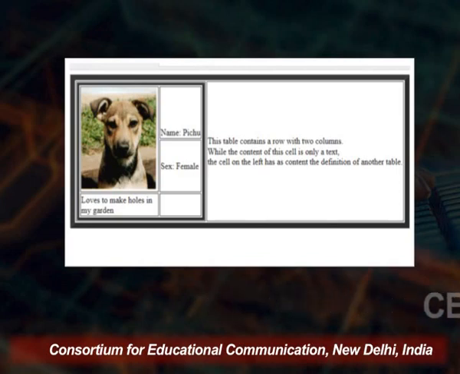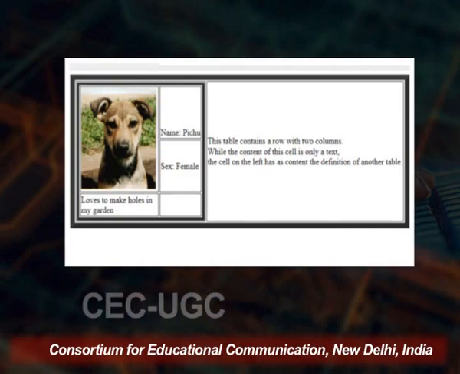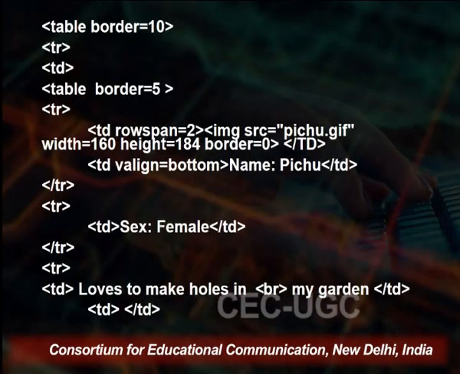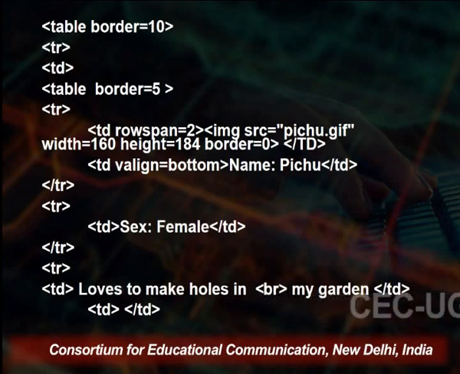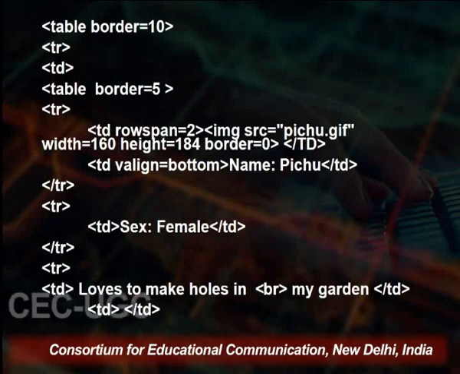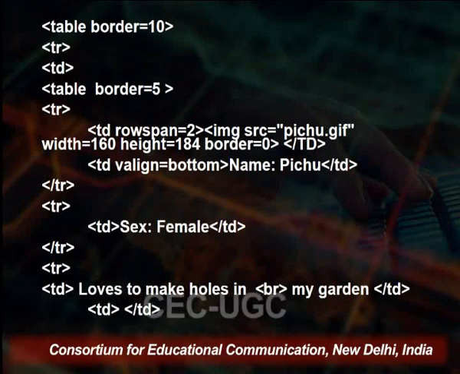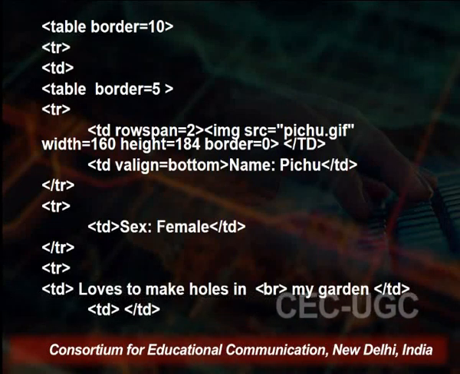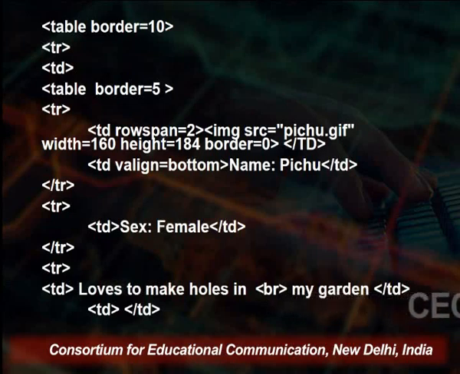So, you are writing TD rowspan is equal to 2, and then you are putting the image SRC, because you are loading the image in this particular cell, and for the image we are specifying the height and width, and also we are putting no border. So, we are writing border is equal to 0.